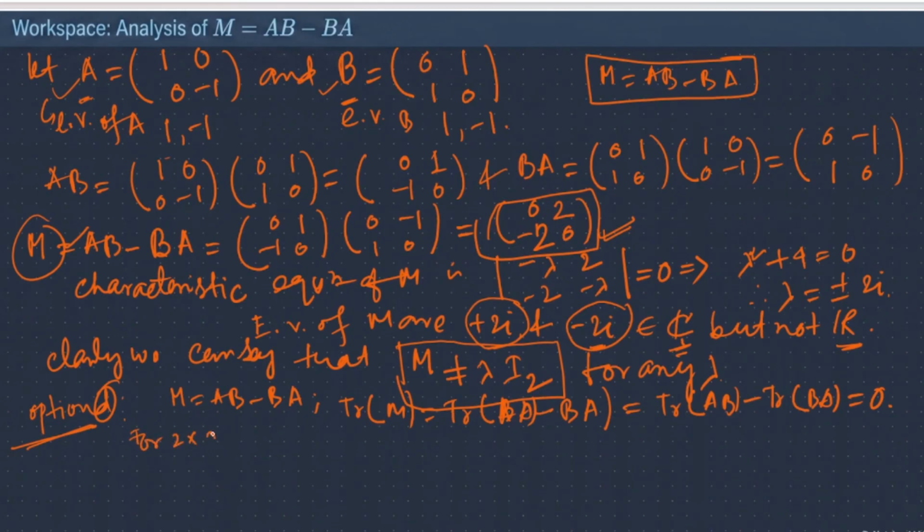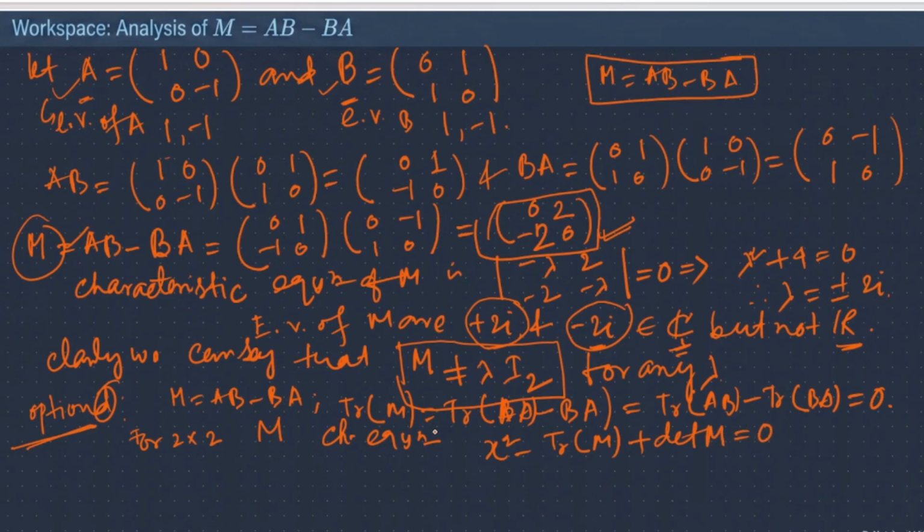For any 2 by 2 matrix M, the characteristic equation is x square minus trace of M times x plus determinant of M equals 0.